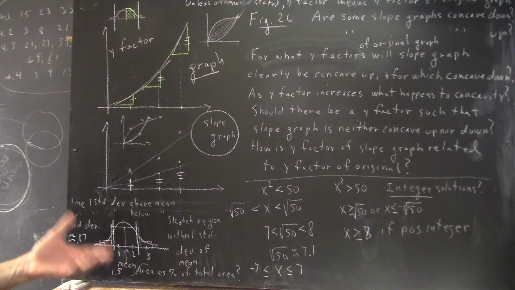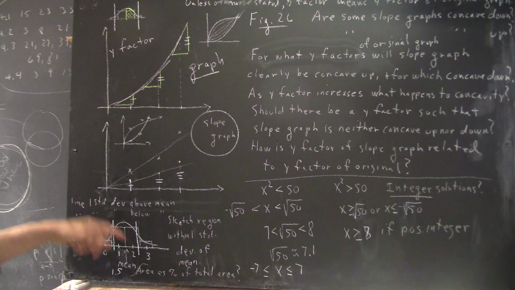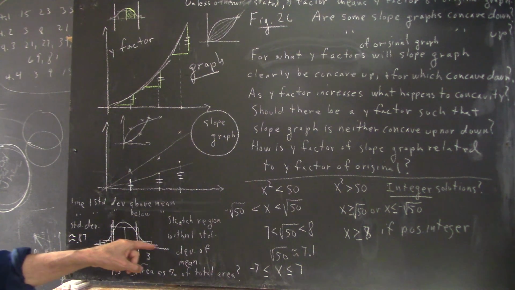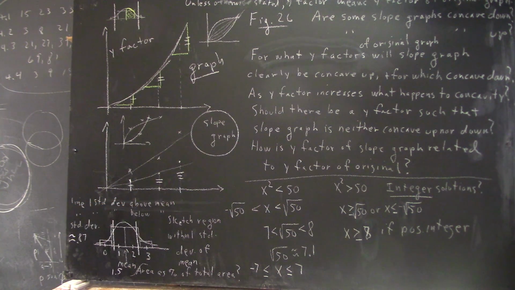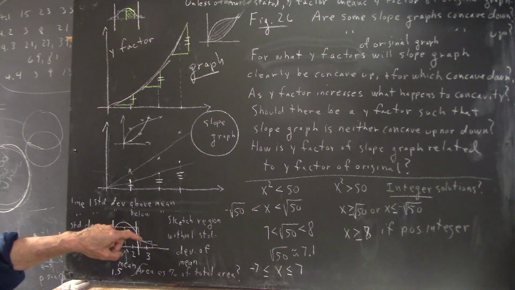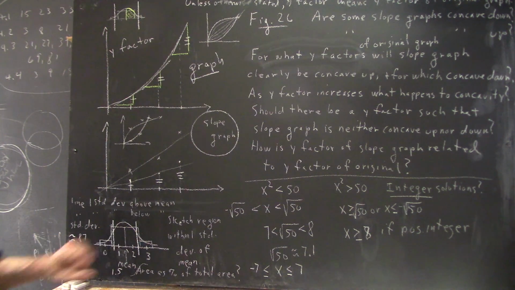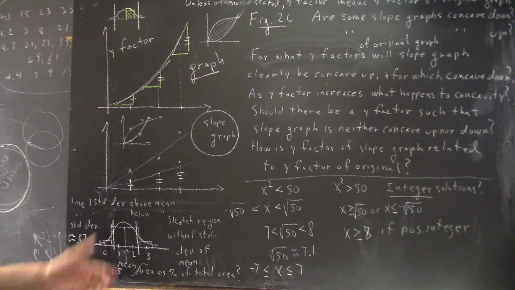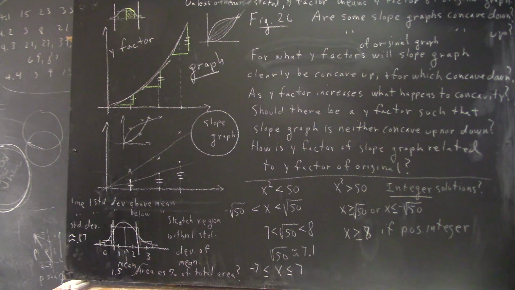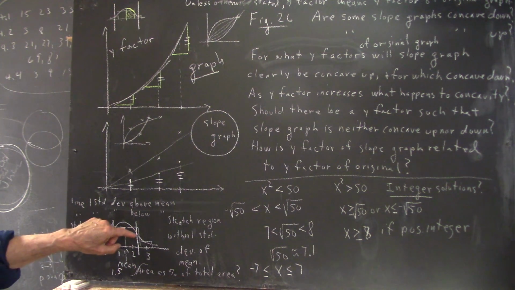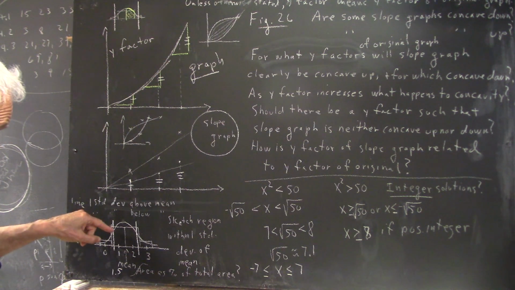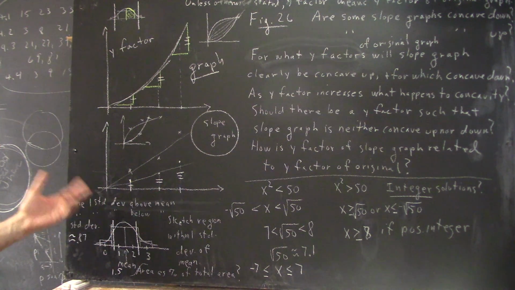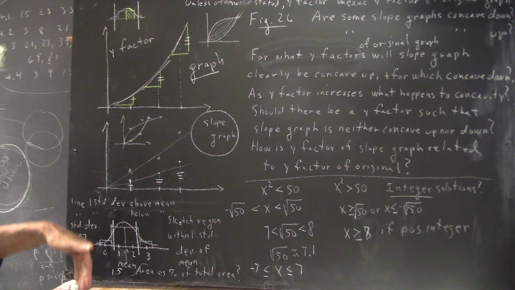And everybody pretty much said, well, it's clearly more than half the area. So your estimate would be more than 50%. Then I looked at these tails over here, the tail of the distribution beyond 1 standard deviation. I said, well, is that more or less than 25%? And everybody pretty much said less than 25%. And that's a good thing, because if this is 25% and this is 25%, that leaves only 50% in here, and you already decided that this was more than 50%.